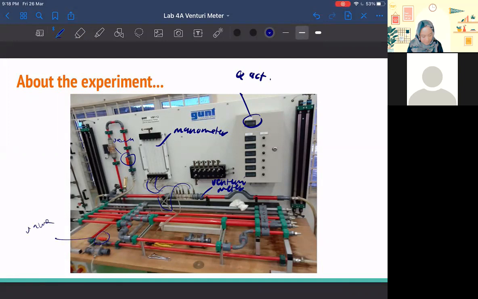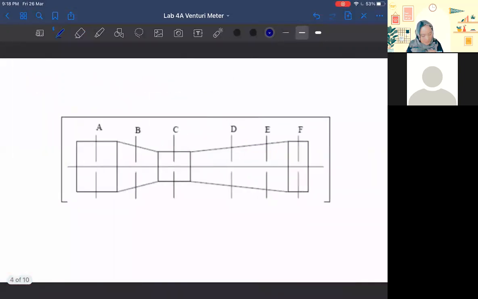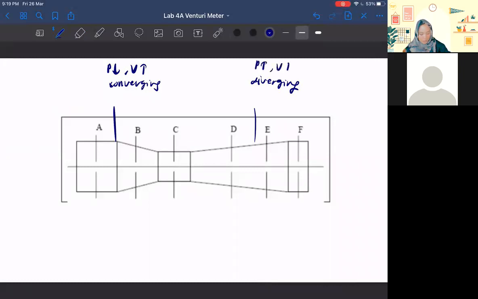Okay. Next, we can see that the Venturi meter has a converging passage and diverging passage. In the converging passage, the pressure drops while the velocity increases. In the diverging passage, it is the reverse, pressure increases while velocity decreases.